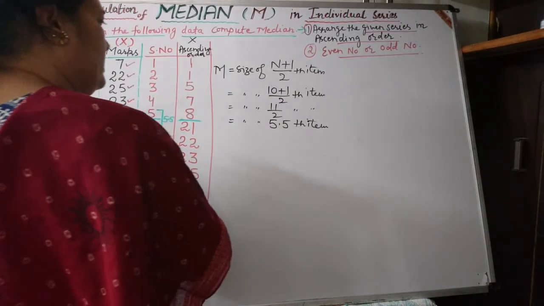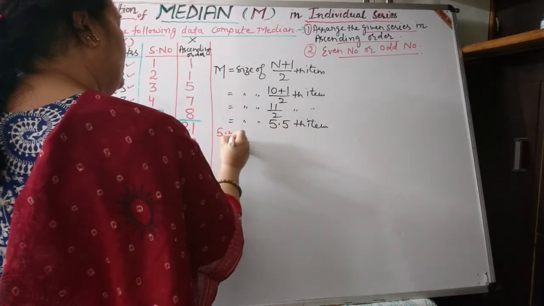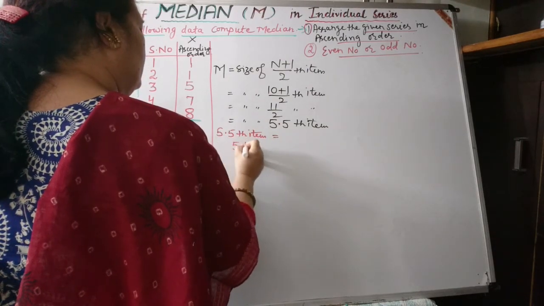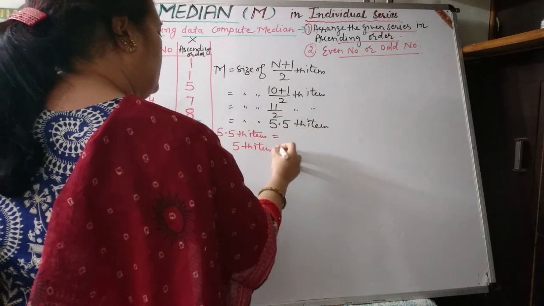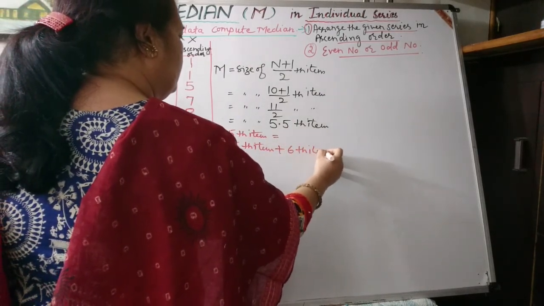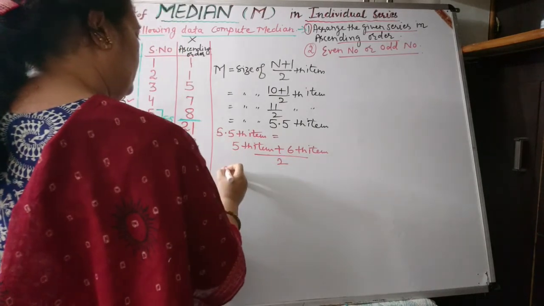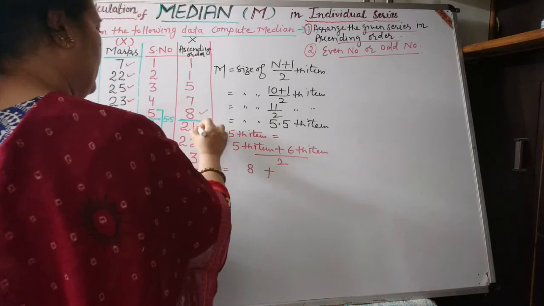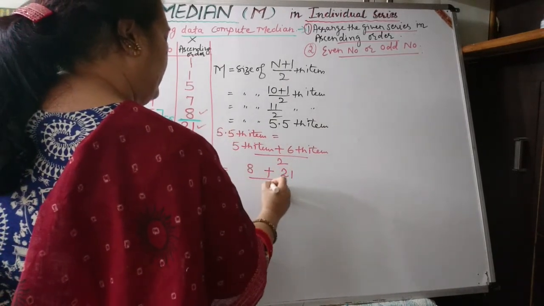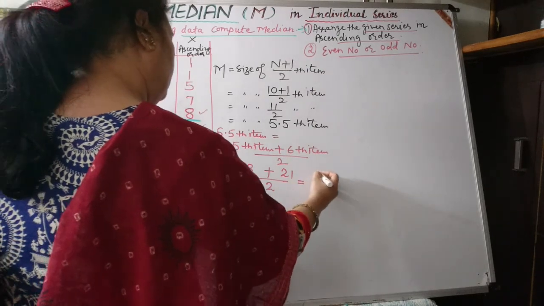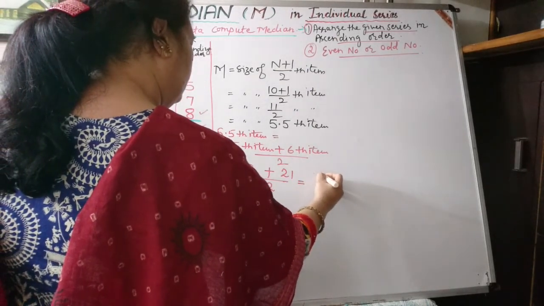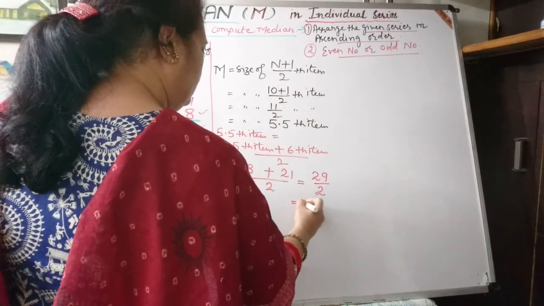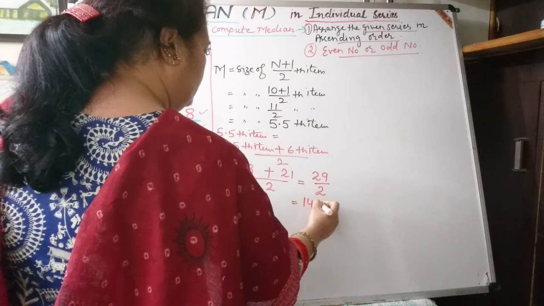So let us find out the answer. 5.5th item is equal to (5th item plus 6th item) divided by 2, is equal to 5th item, which is 8, plus 6th item, which is 21, divided by 2, is equal to 29 divided by 2, is equal to 14.5.